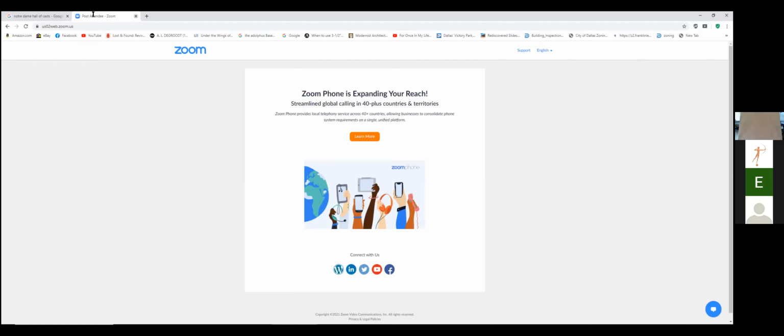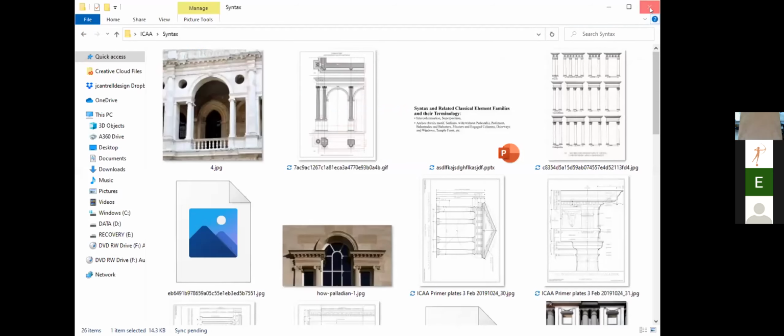Let me see if I can get to prove that point. Let me see if I can get a different PDF. Hold on just a minute, because that is a very good question. Okay, hold on just a second.